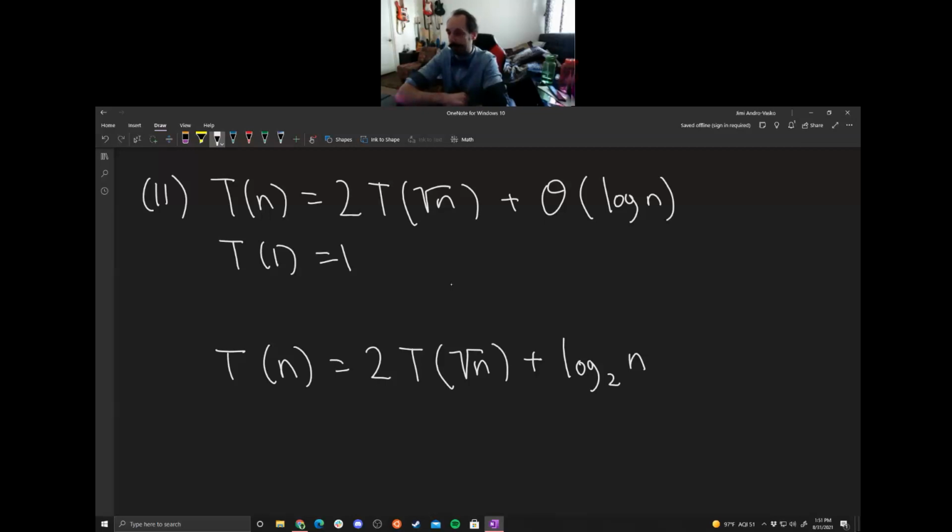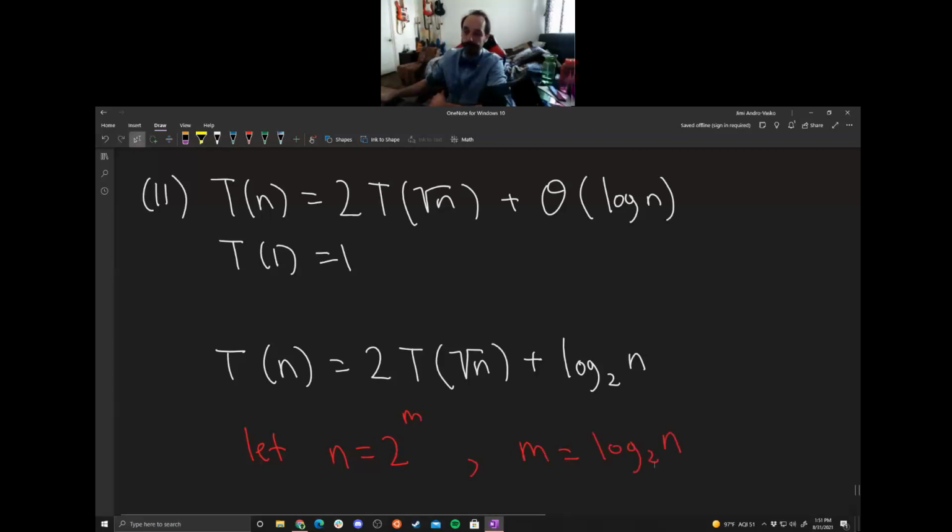In this case, log base 2 of n is going to work out nicely in this example. Once again, we're in a form that's not so simple to visualize, how it's decreasing. So we're going to let n equal 2 to the power m again, and therefore m has to be log base 2 of n.